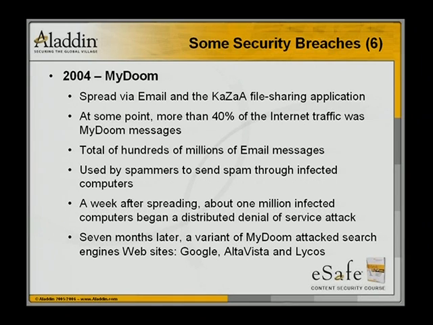In Kazaa, if you downloaded stuff such as ICQ 2000 or something called rootkit.exe, you would get the virus embedded into the file. You would think you're downloading ICQ, but actually it was a spoofed file that contained the MyDoom virus. At some point, more than 40% of the internet traffic was MyDoom messages.